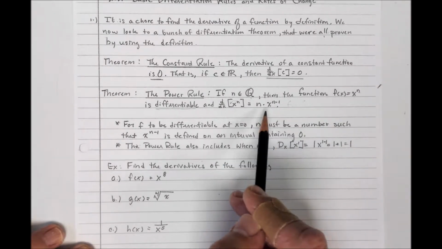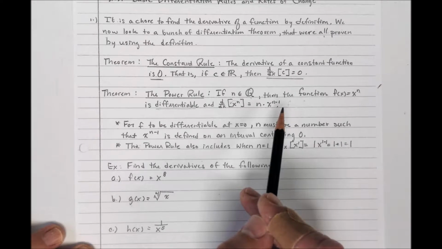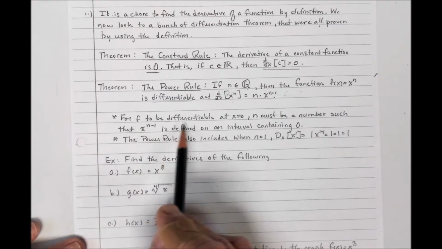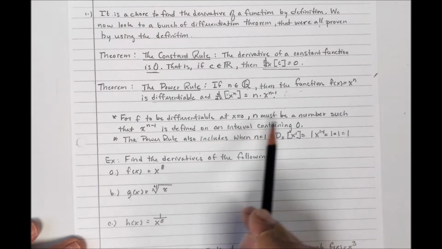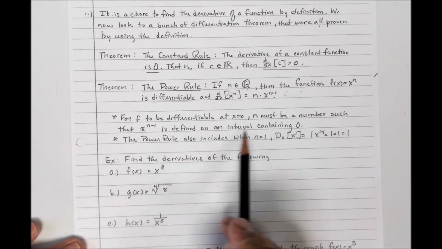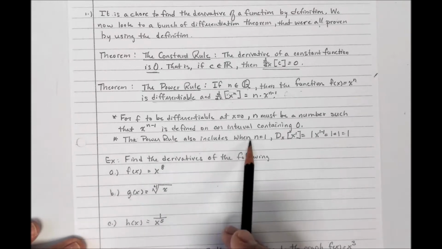Again, this is pretty useful because we have so many polynomial functions that we'll be looking to take the derivative of. Now, a couple of notes. If f is to be differentiable at x equals 0, then n must be a number greater than 1, for x to the n minus 1 to be defined on an interval containing 0. The power rule also includes when n is 1.